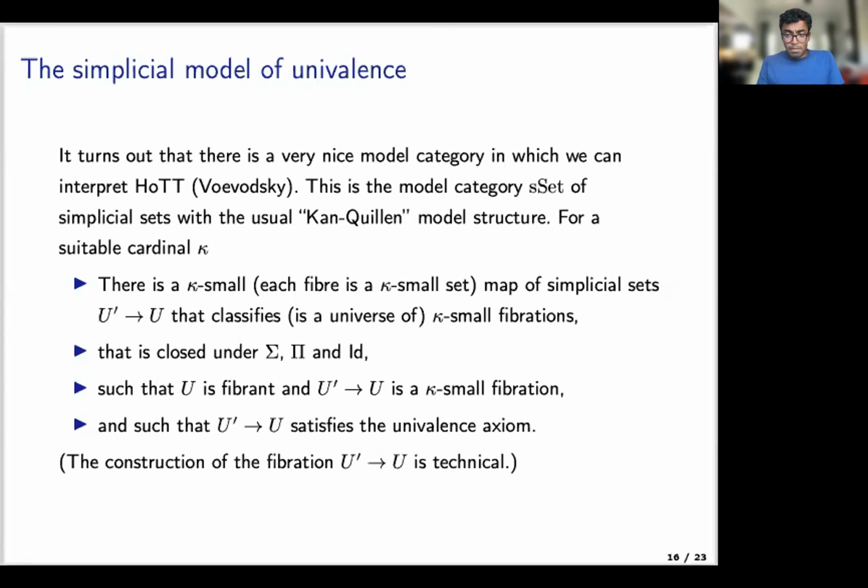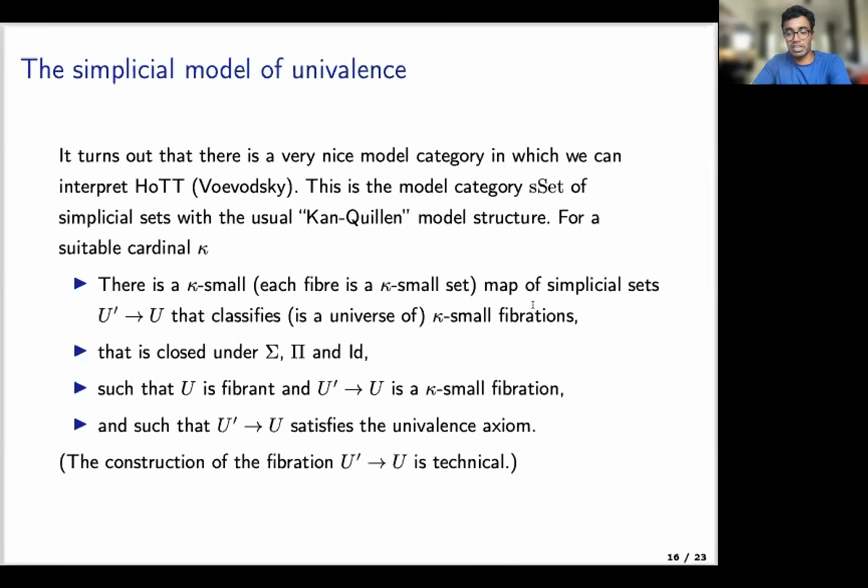But Voevodsky's construction is essentially defining, for a suitably large enough cardinal kappa, a kappa-small map of simplicial sets, a morphism in the category of simplicial sets that is a universe in the sense of what we've been talking about, of all kappa-small fibrations in this model structure.